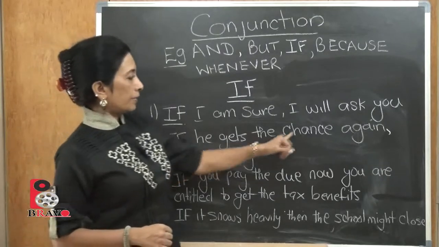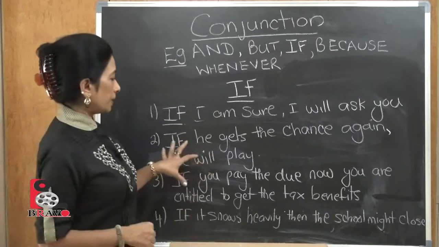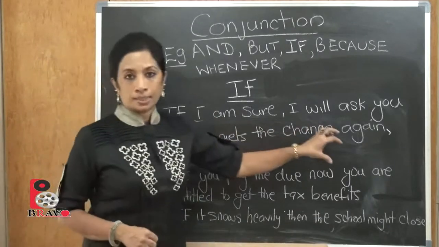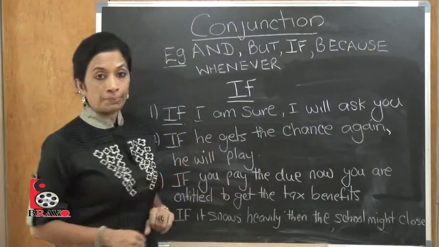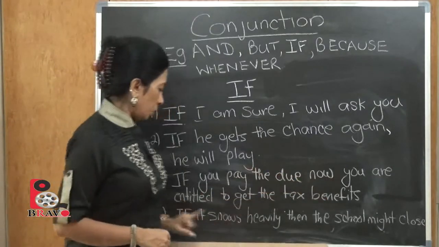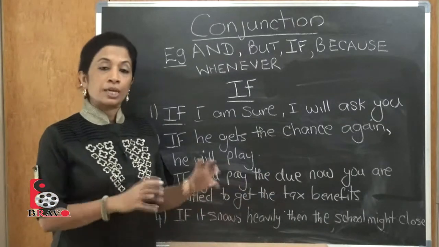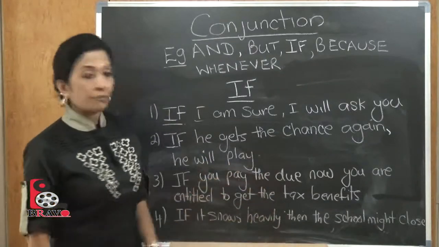If he gets the chance again, he will play. So you can see the demand here is he is to get the chance again. Then he will play. If you pay the due now, you are entitled to get the tax benefit. So you need to pay the due now. So if you do this, we will give you that.